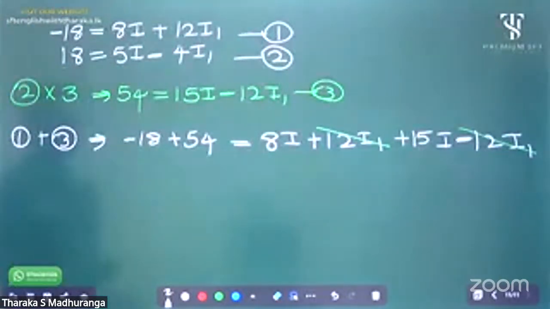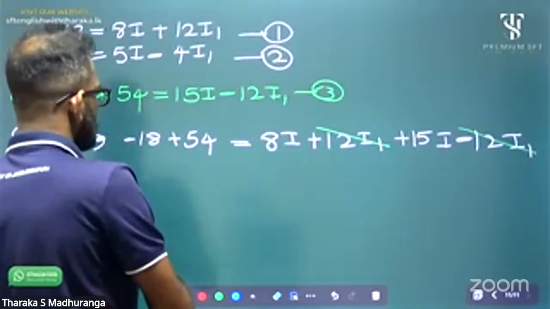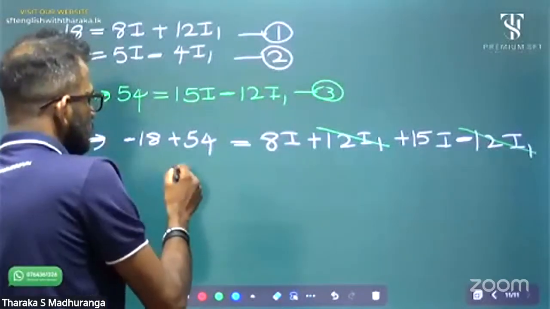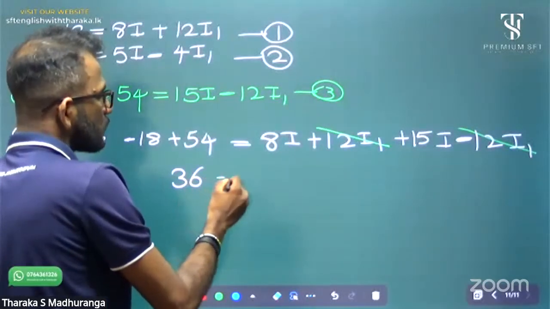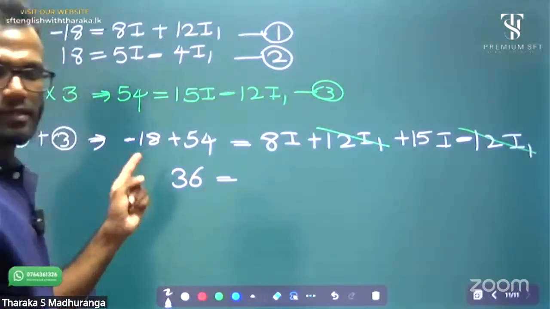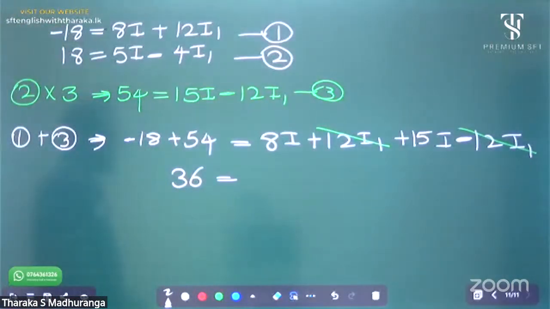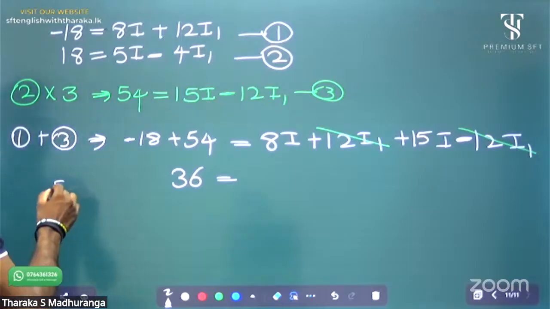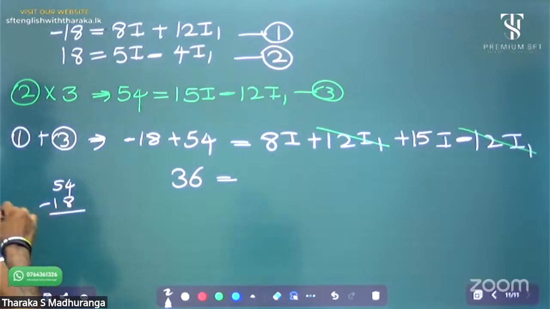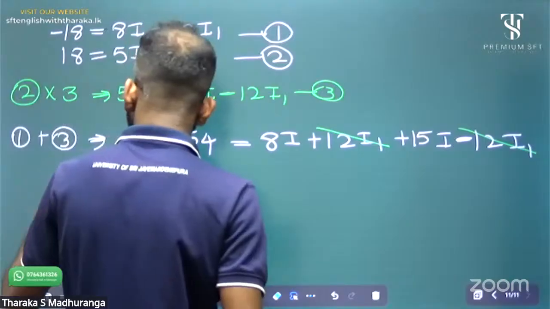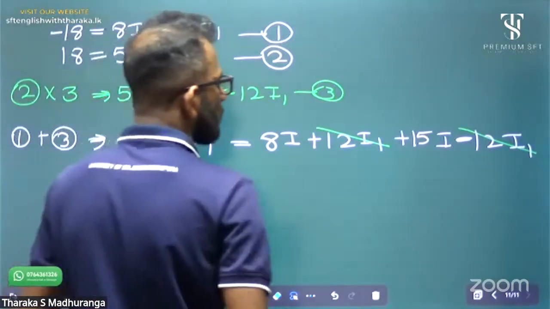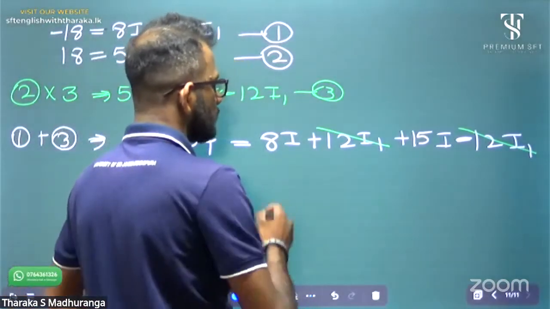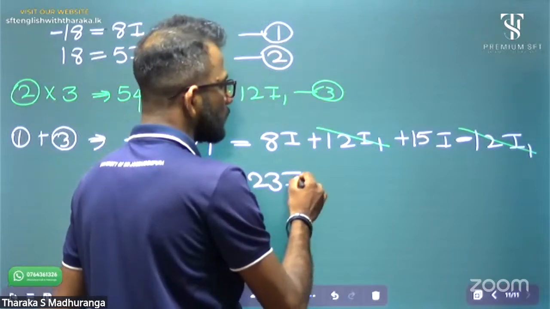Minus 18 plus 54 is 36, correct? 54 minus 18 is 36. 8I plus 15I is 23I.